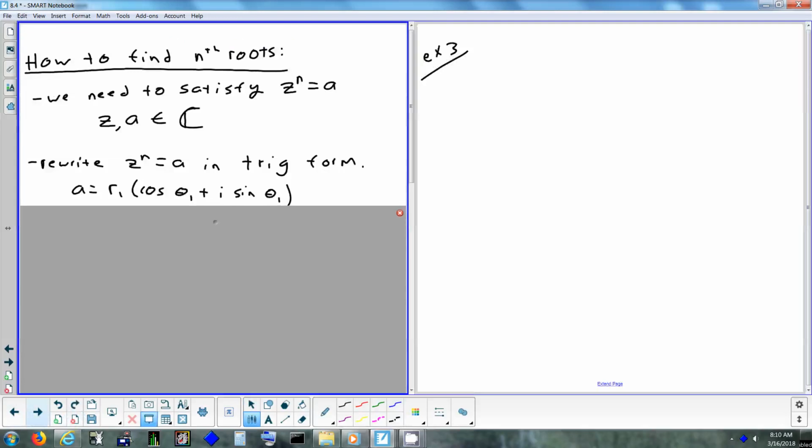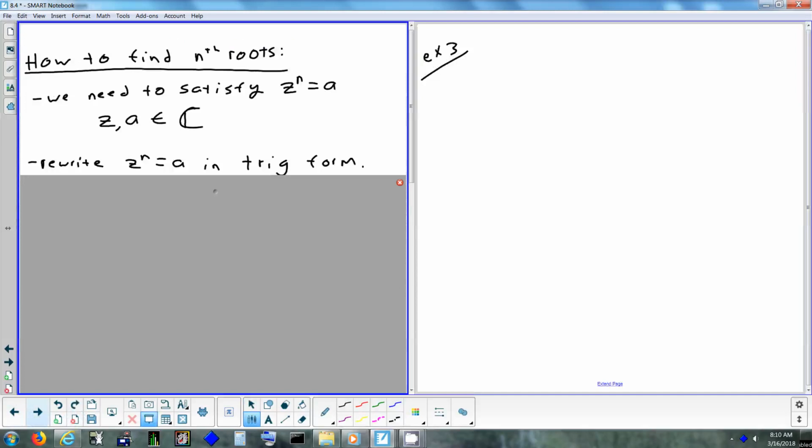The first thing you want to do is set up that equation, z to the power equals a. Keep in mind, z and a can be complex numbers. We're not just dealing with reals, we're dealing with imaginaries.